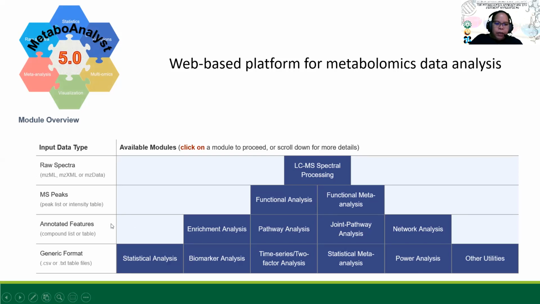It has functionalities for enrichment, pathway, and joint pathway analysis, as well as network analysis. If you have gene and metabolite data, it can do network analysis on those types of data. It can perform your statistical analysis and biomarker analysis. It can do two-factor or time series analysis, and statistical meta-analysis.